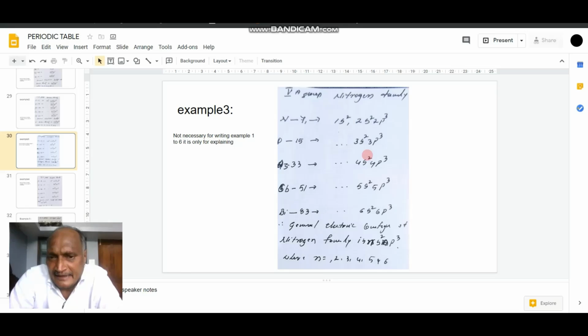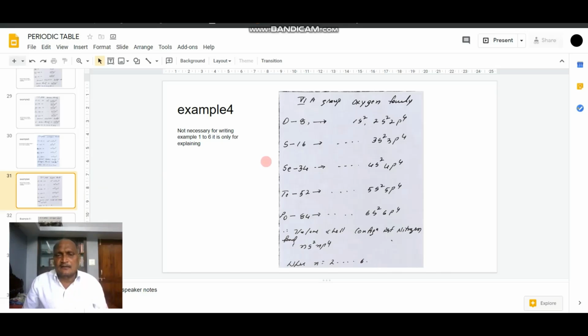Not only nitrogen, all the members of the nitrogen family belong to p block, and their general electronic configuration can be represented as ns2 np3. ns2 np3 is the general electronic configuration of nitrogen family. Coming to the next example, oxygen family.